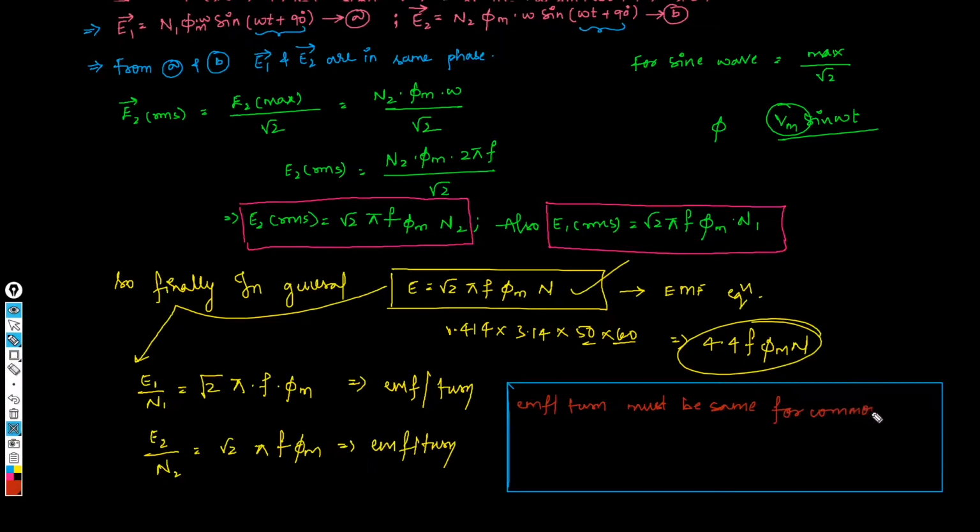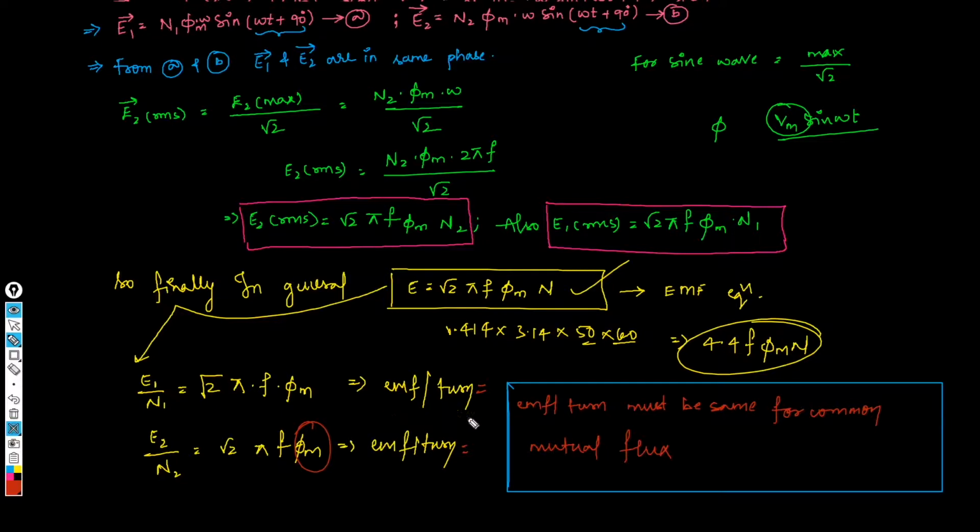Here the common flux is nothing but the common mutual flux. As I have earlier drawn in one diagram, on both the sides, whatever main flux linking is there, that flux was common. So as long as this flux phi m is constant in the whole transformer, this EMF per turn value on the primary side will be equal on the secondary side.